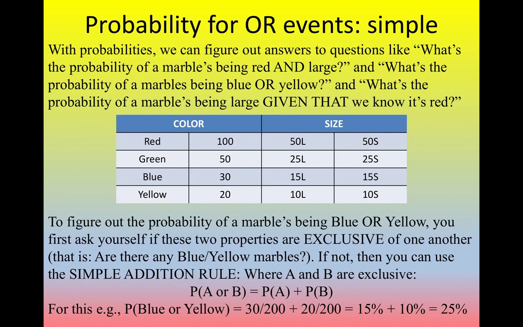So the probability of blue or yellow being pulled, in other words, the probability of pulling either a blue marble or a yellow marble from this particular jar of marbles represented by this distribution, is the probability of pulling a blue marble, which is 30 out of 200, plus the probability of pulling a yellow marble, which is 20 out of 200, which is 25%.